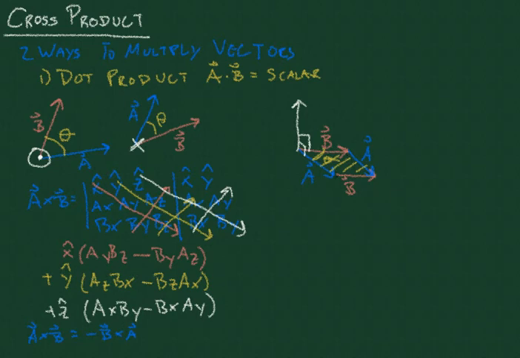The area of this parallelogram is equal to the magnitude of the cross product. So this would be A cross B, and then if we did B cross A, this would be B cross A. So again, it's negative A cross B, so it's a vector going in the opposite direction.